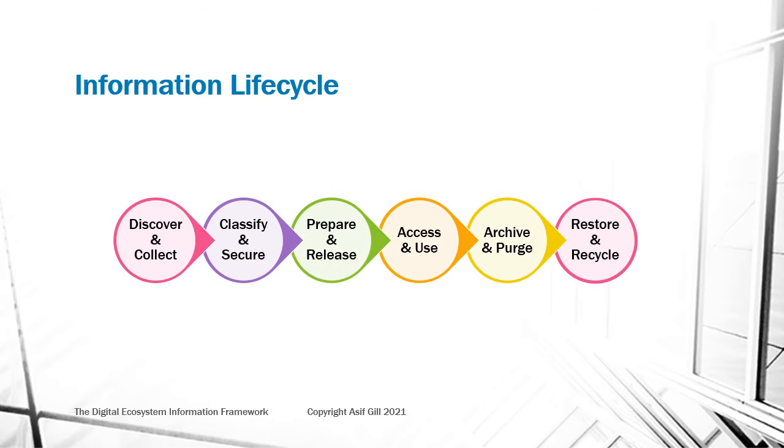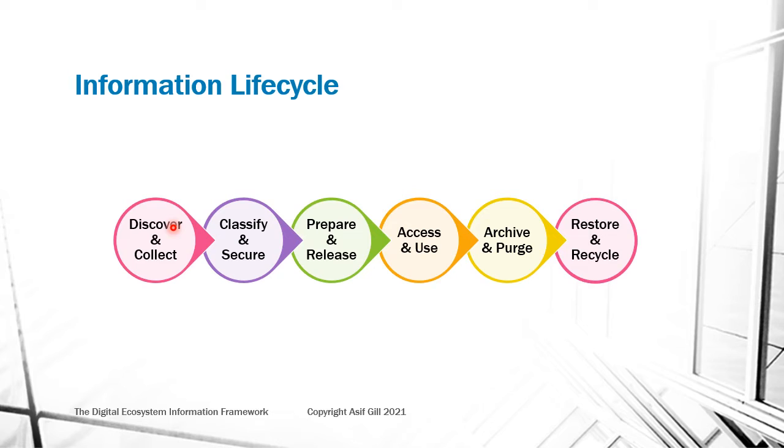Information also has a life cycle. Information can be discovered and then collected. It's important to know here that information cannot be created, which I will discuss a little later on. In our universe, information has a limited or finite supply, and we cannot create information, or destroy information.